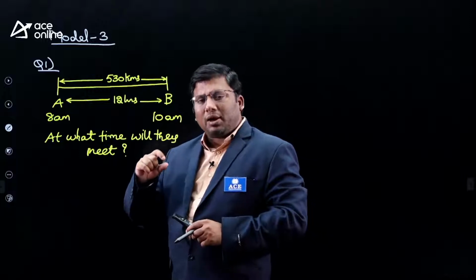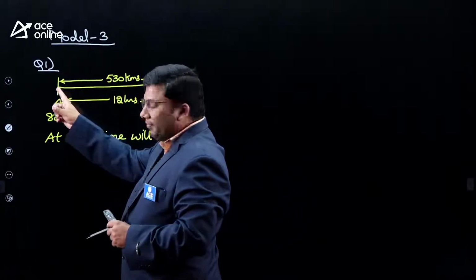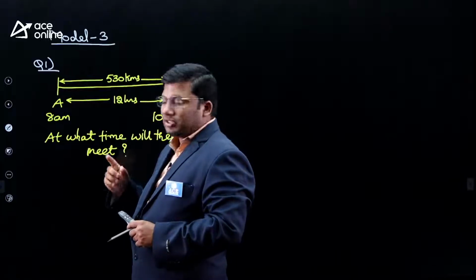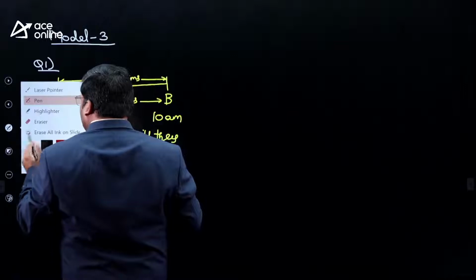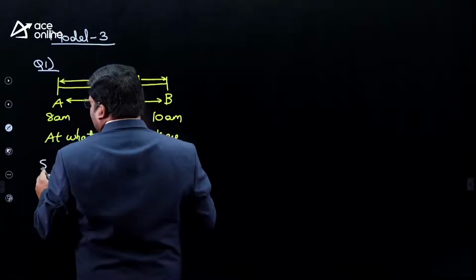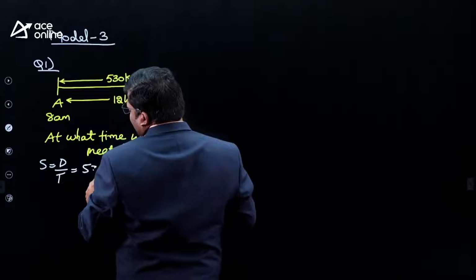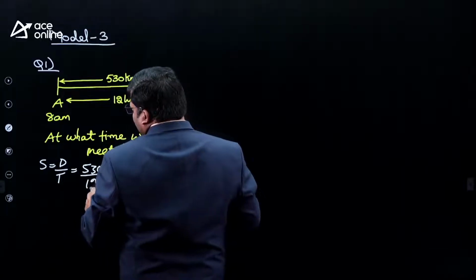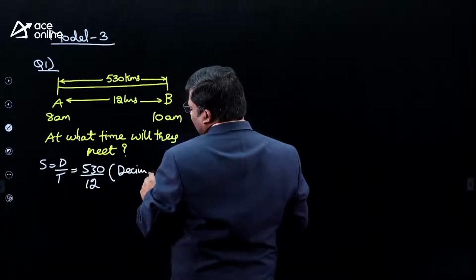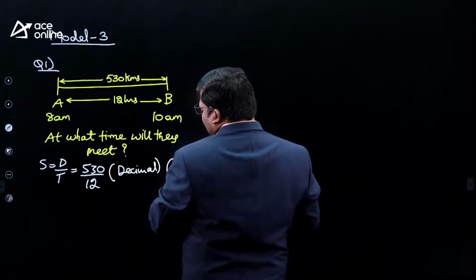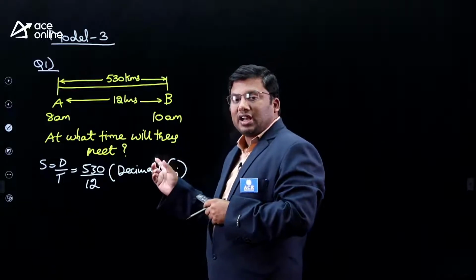The biggest problem here is that the distance is given and the time period is also given, so speed would be distance by time, which is 530 by 12. It is a decimal value, so our calculations will become a lot more challenging.